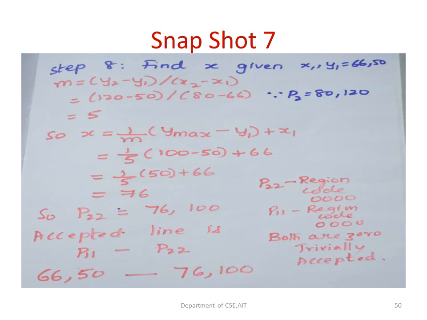If you have a line with a number of intersections, for every intersection point we need to find the value of x and y and also reassign the region codes, and then go on clipping that line until we get a line which is completely accepted within my clipping window. This is the logic of the Cohen-Sutherland line clipping algorithm.